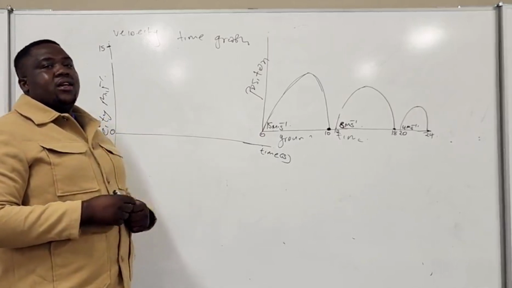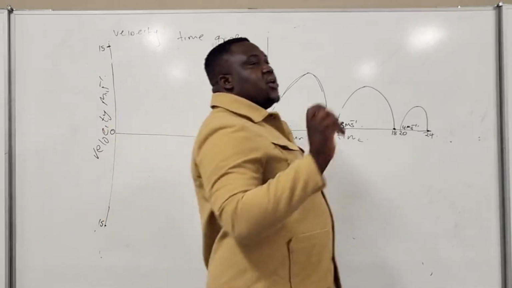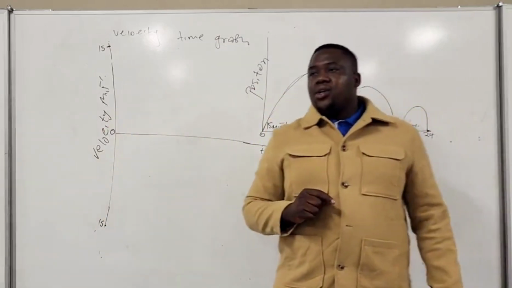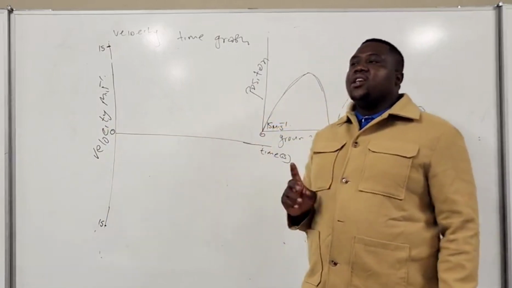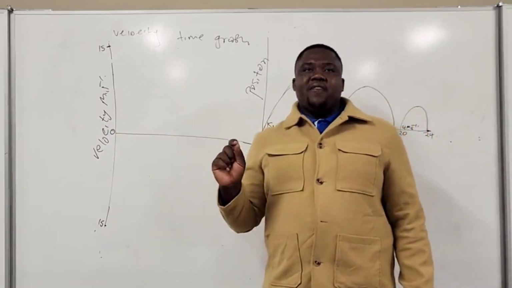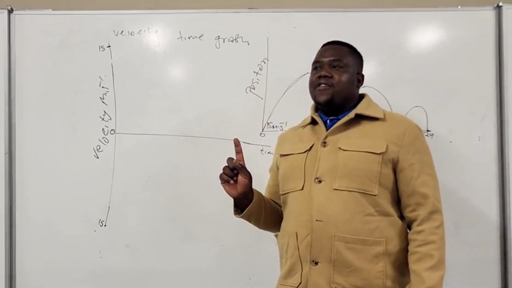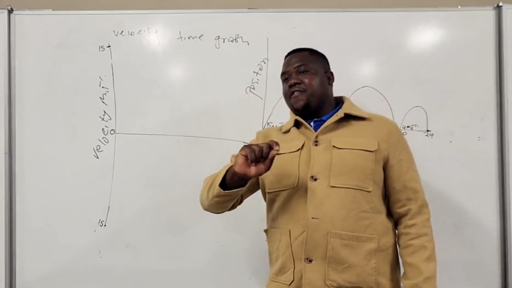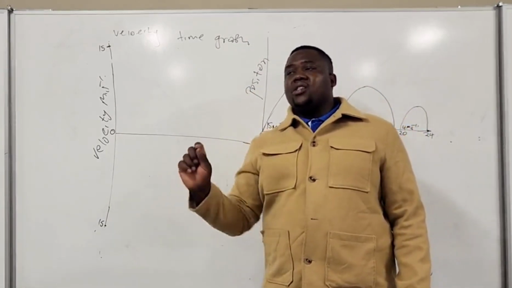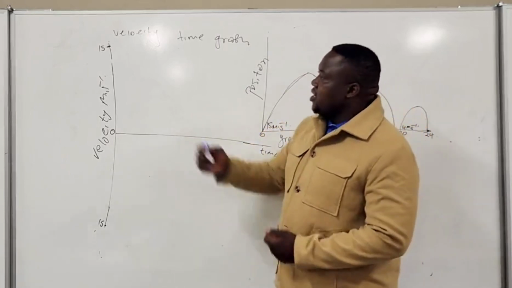I told you that as the object is going up, velocity decreases. Meaning that whenever we represent a velocity time graph of an object that is going up, the line of the graph will be approaching 0, because as the object is going up, velocity is decreasing.